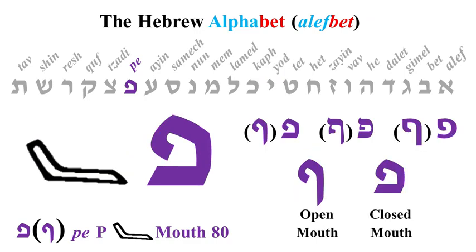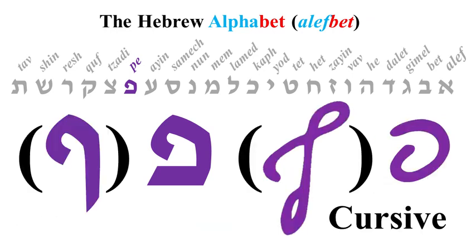There is a cursive version of Pei, and I should point out that Pei has two forms. Remember how some of the letters have a final form? Pei is one of them. And so there's two cursive letters.